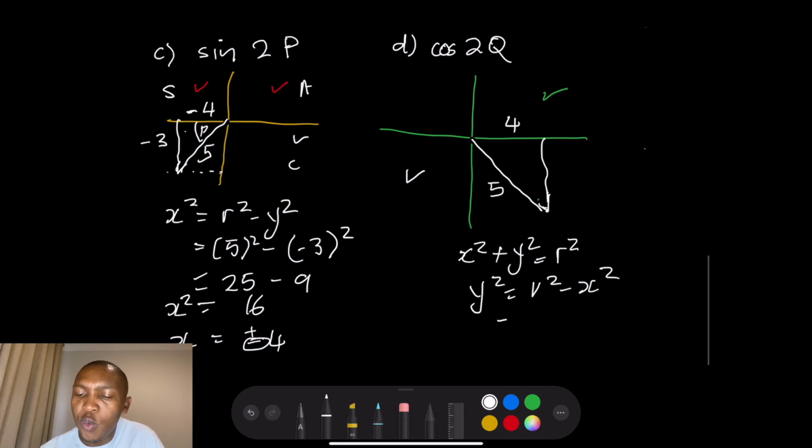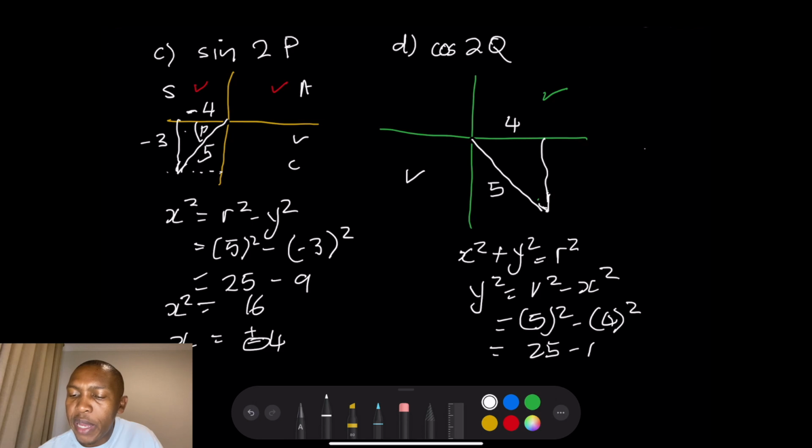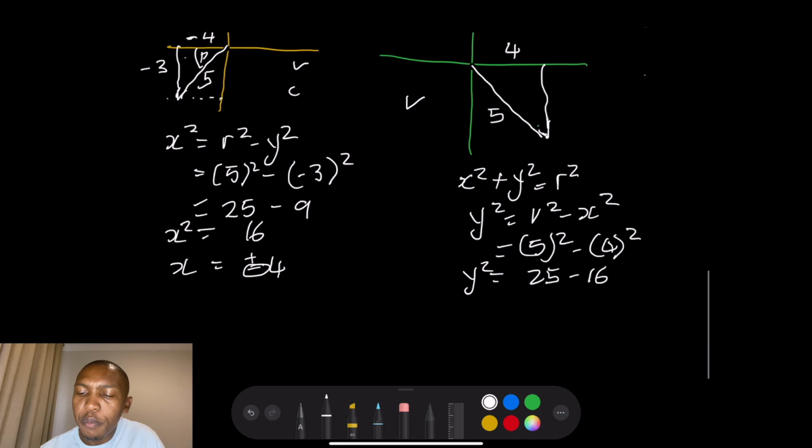Of course, we're not going to waste time with this. Our r value is 5. Let's substitute our value there, minus 4 squared. So that will be 25 minus 16. That's y squared. And of course, now to get the value of y, 25 minus 16 is 9.